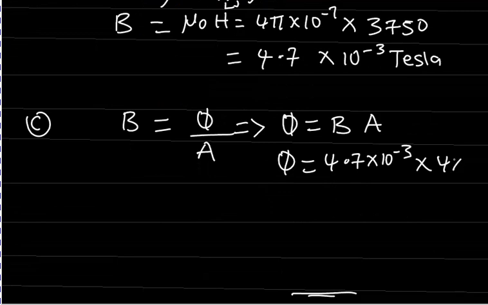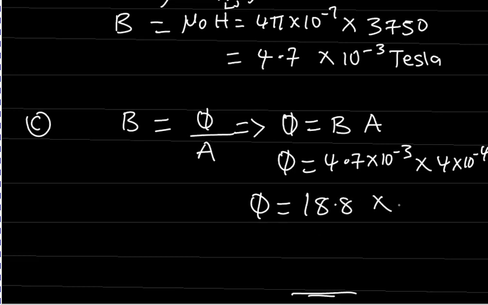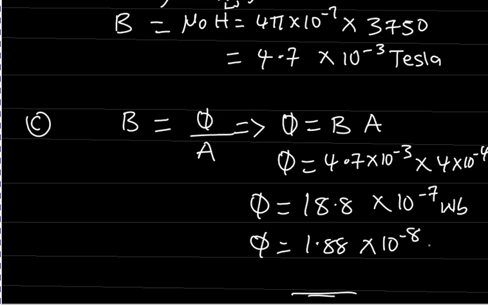So the magnetic flux is 4.7 times 4, which is 18.8, so 18.8 times 10 raised to the power of minus 7, in Weber. Or in standard form, that is 1.88 times 10 raised to the power minus 6 in Weber.